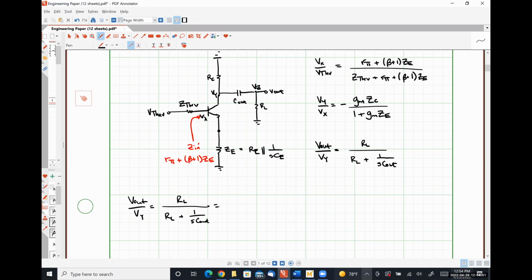Multiplying through by SCout over SCout gives me SCout RL over 1 plus SCout RL. That one's done. Easy peasy. We have something simple. Yay. It stops here. Okay.